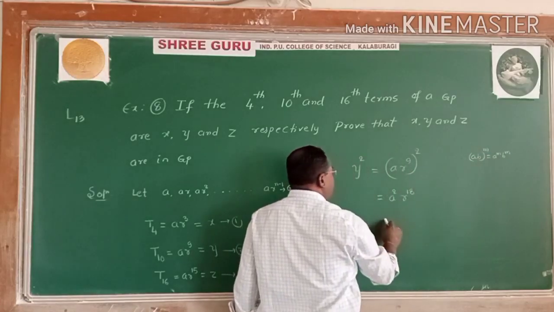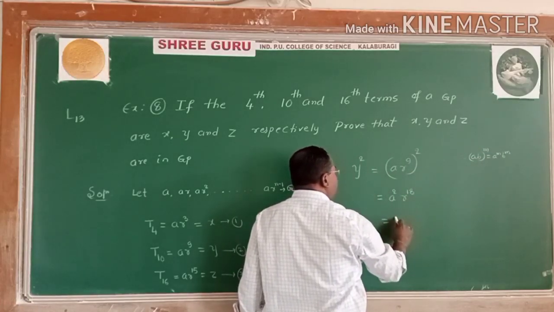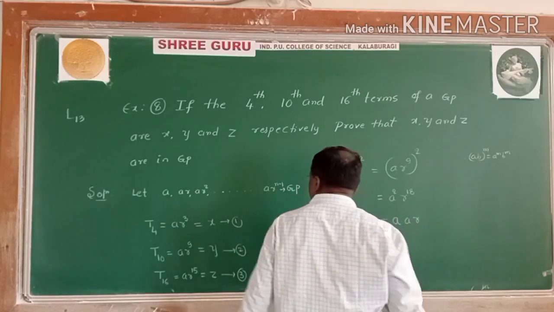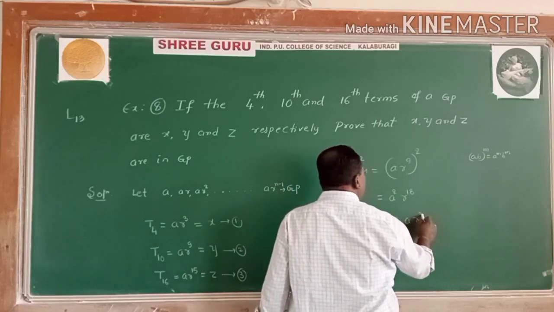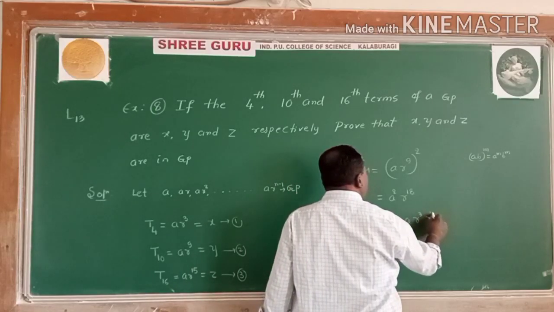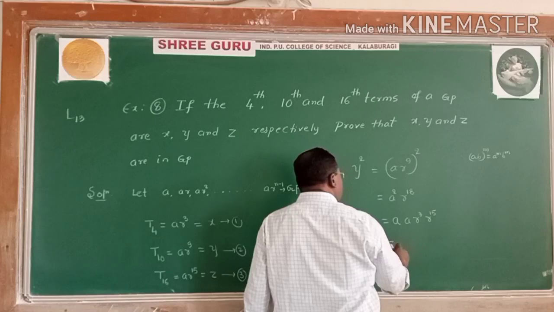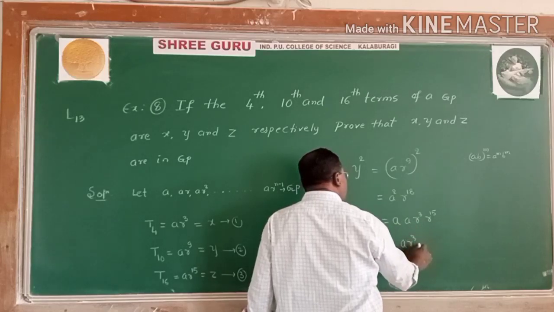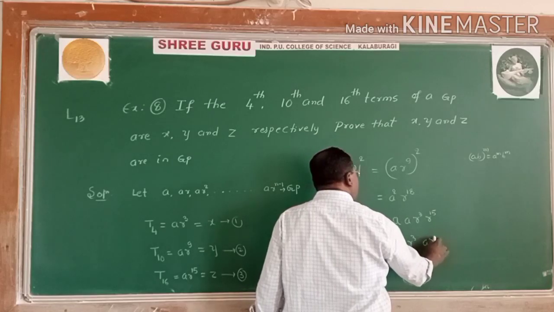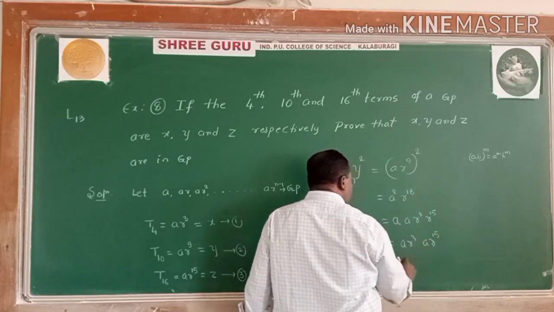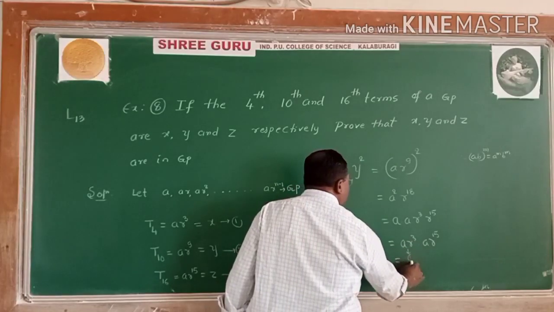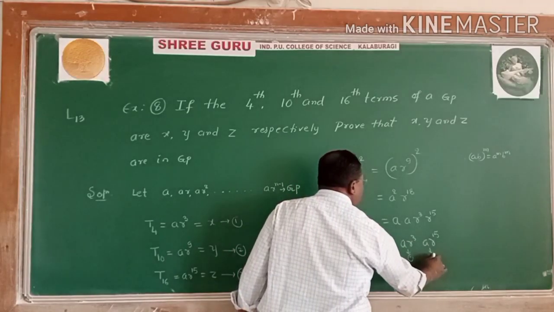Here, this can be expressed in the form of a into r to the power 3, r to the power 15, separate. One term of a combination, a into r to the power 3 into a into r to the power 15, these two. This is from equation number 1, this is from equation number 3.